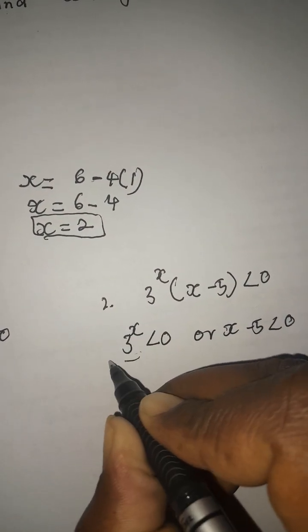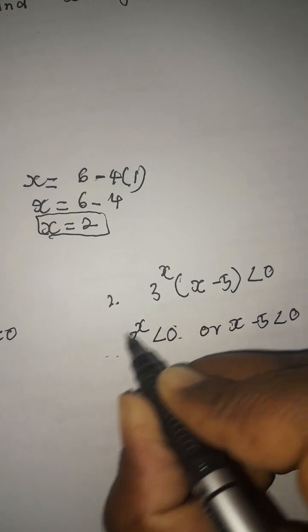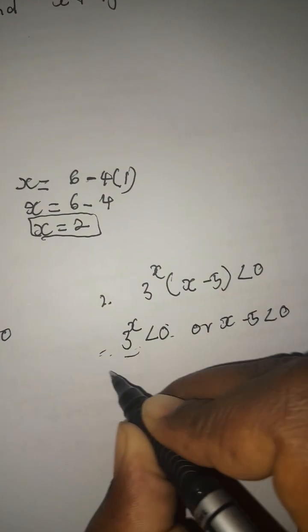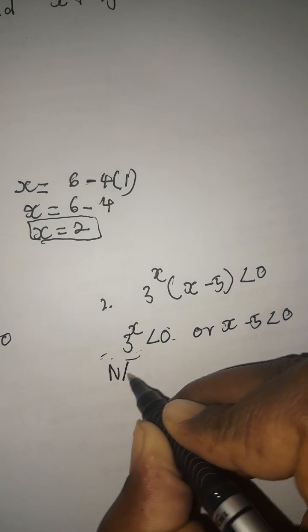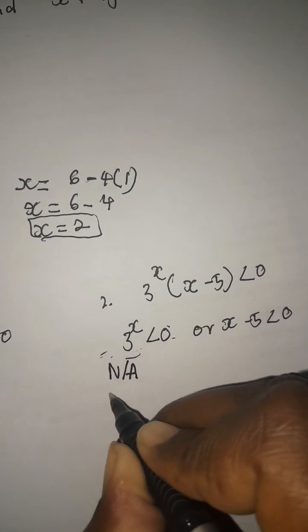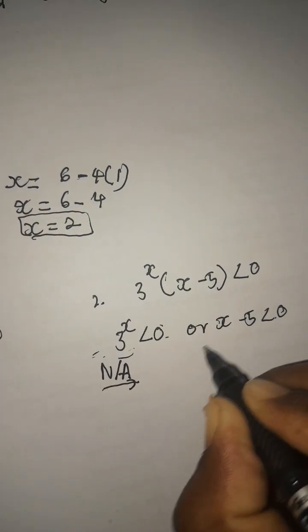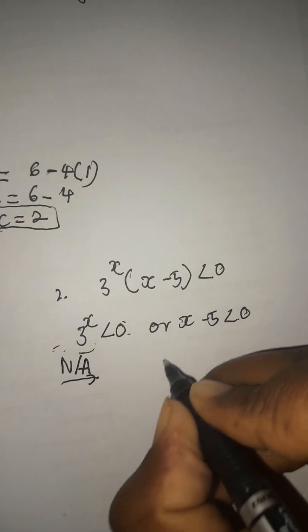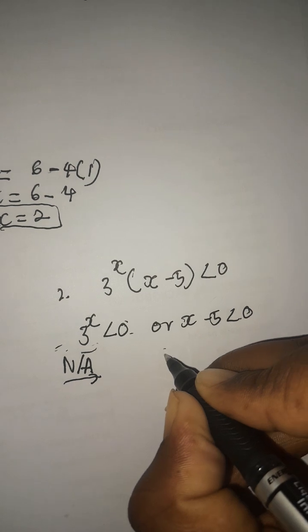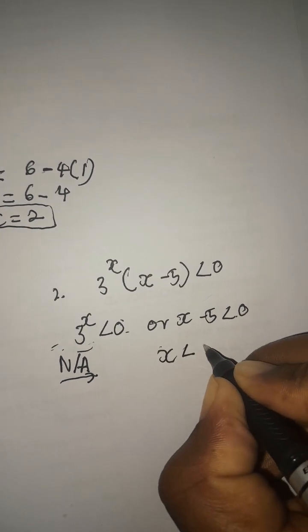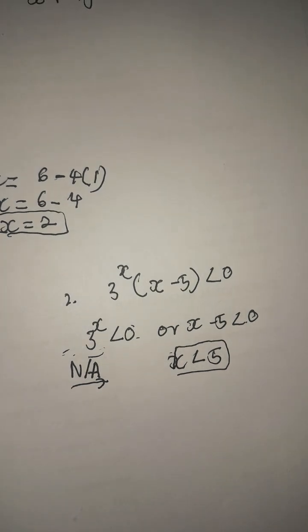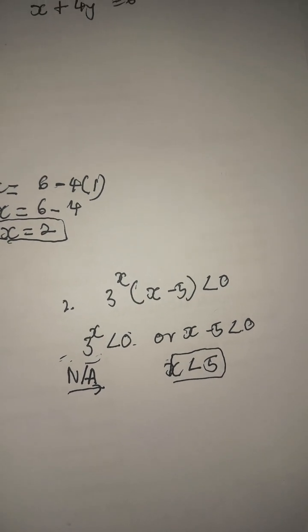We can't equate. The bases are the same, and the bases can never be 0 in this case. You can't equate this, so you can't solve this, meaning that this will be NA, not applicable. So the only applicable solution, let's take -5 to the other side, will be x is less than 5, right? It will be x is less than 5.